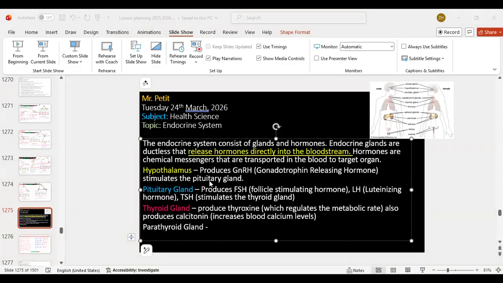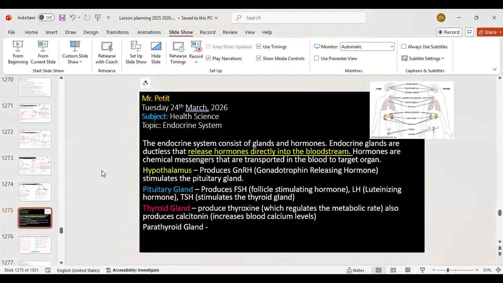And one major sign that someone has it is bulging eyes. They also have goiter as well. So bulging eyes, goiter, and very small. And they look like they're always on the move, like someone is trying to catch them.